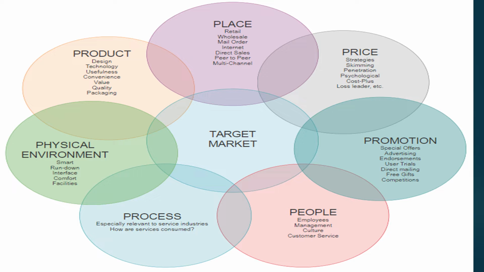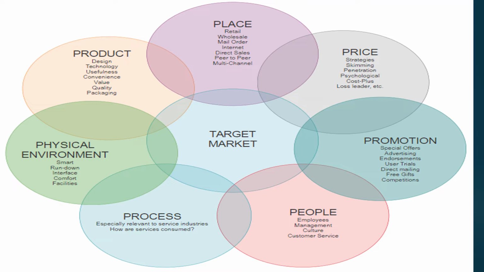Under product, we have design of the product, technology used in the product, usefulness of the product, convenience, value, quality, packaging, etc. Place generally refers to distribution and distribution channels.